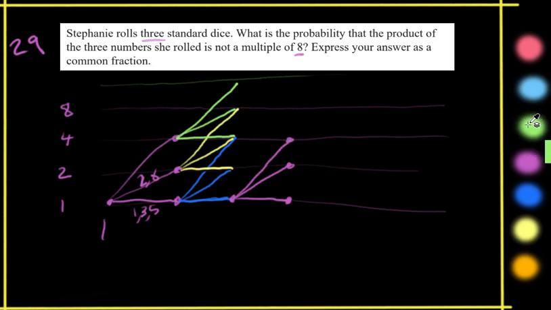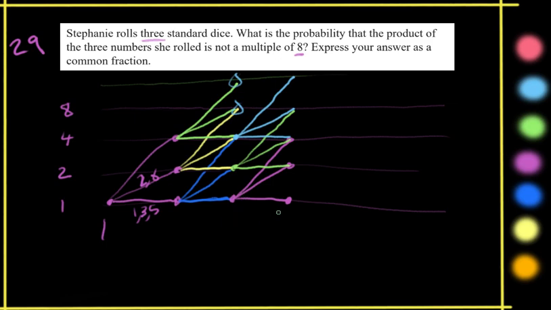And then with the next one, we can go over to here, or up to here, or up to here. And there's more we could do, but these ones are already multiples of 8, so I'm not going to worry about those, because no matter what I roll, if I start in one of these two spots, I'm already a multiple of 8. Whatever I roll, it's still going to be a multiple of 8.